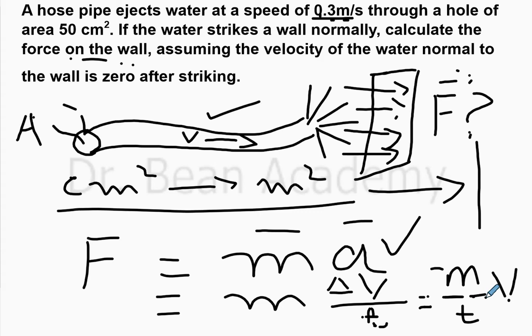Now I have a clue how to calculate the force F. I know what v is because it is given, and I can calculate mass, but it's not only mass, it's mass per unit time, M over T. So that is a bit tricky.